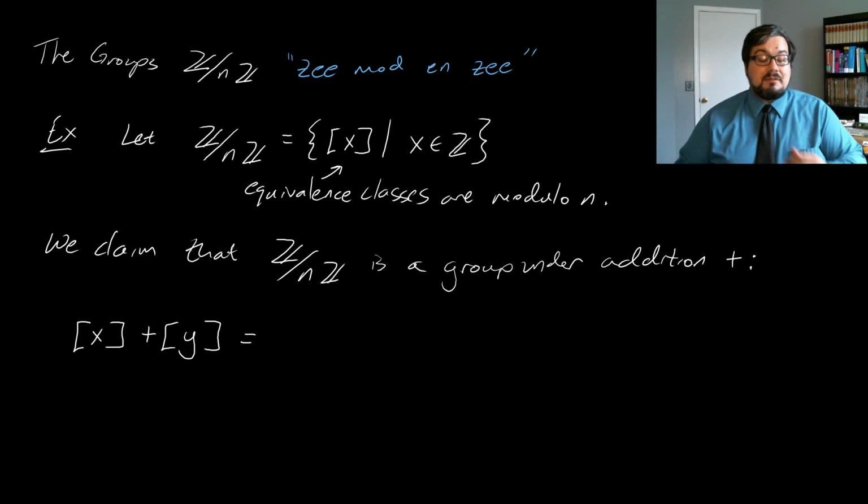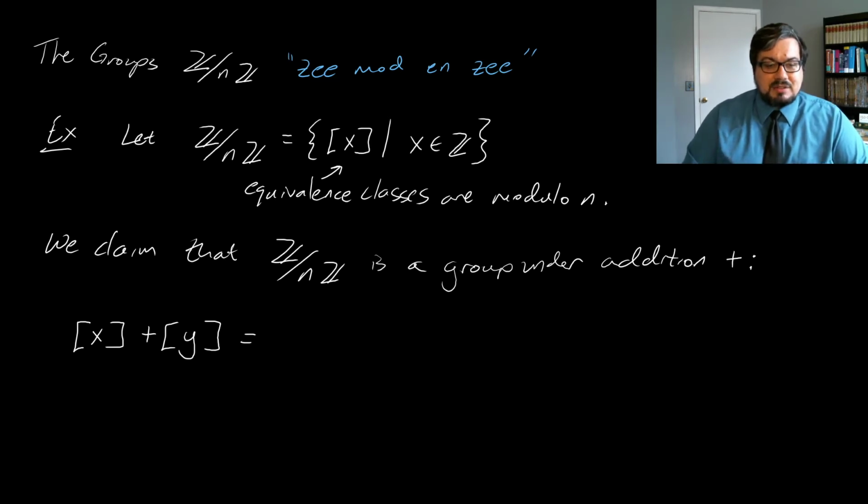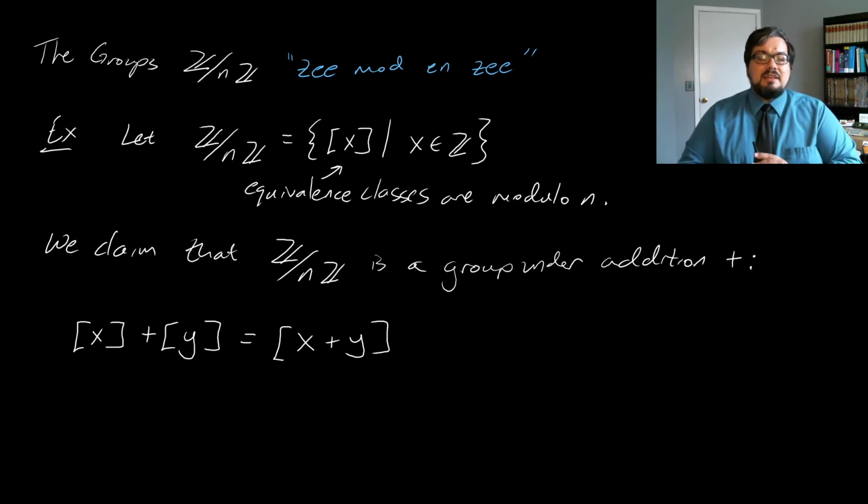The representative of the first class is X, and the representative of the second class is Y. And X and Y are both integers, and we know how to add integers. Addition is a normal operation that we could do with X and Y. So what we're going to do is try to define the sum of two equivalence classes to be the equivalence class of their sum.